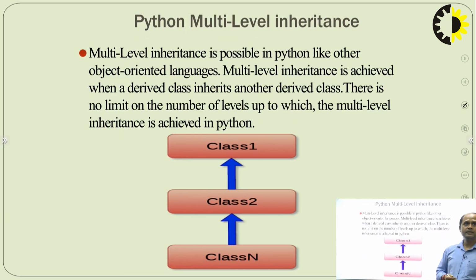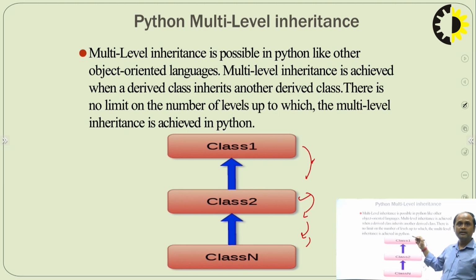Now inheritance can be done in many ways, but multi-level inheritance is most important. What is multi-level? One is multiple and one is multi-level. Multi-level means we can inherit the property from one class to another class. This is class 1 and this is class 2, and we can inherit the property from first to second, second to third, third to fourth, fourth to fifth, and up to n.